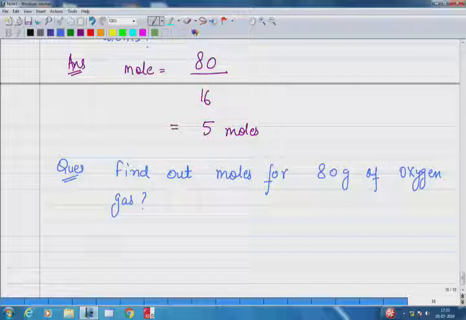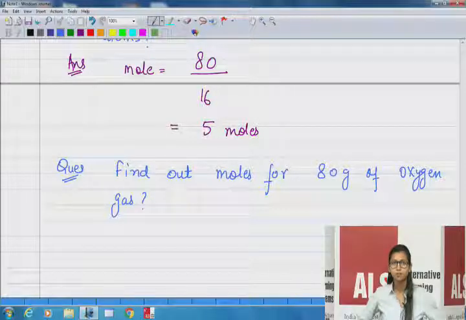Yes, Kohima Center, what will be the answer now? 5, or are you getting something else? Who will write the answer? Raise your hands. You are getting 5 as the answer itself, or any different answer?